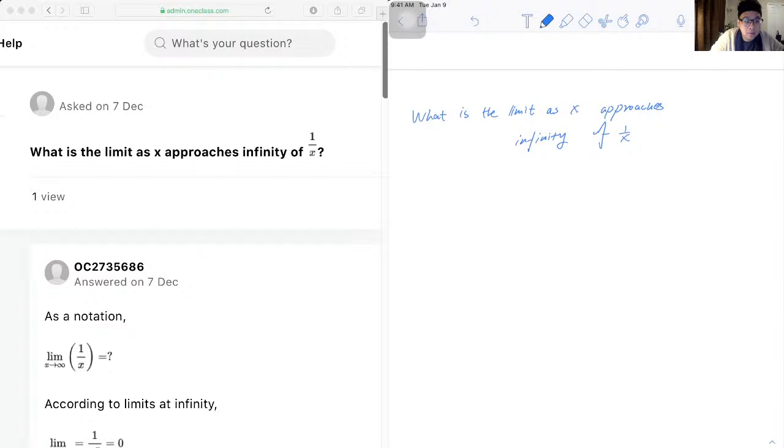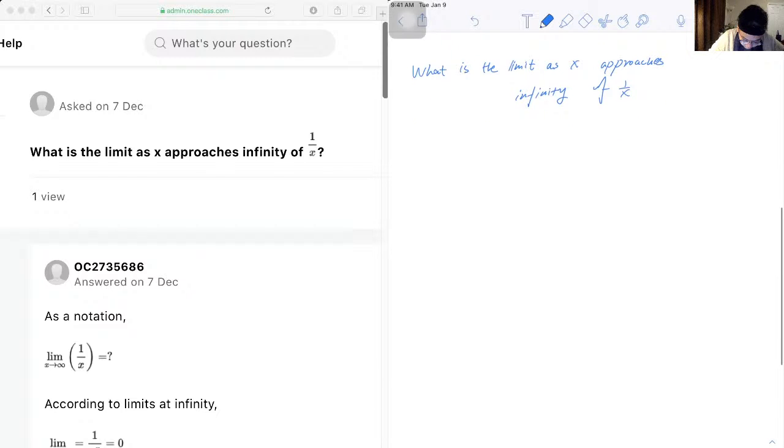All right. First, let's convert this question to mathematical notation. That will be equal to the limit as x approaches infinity of 1 over x is equal to what?